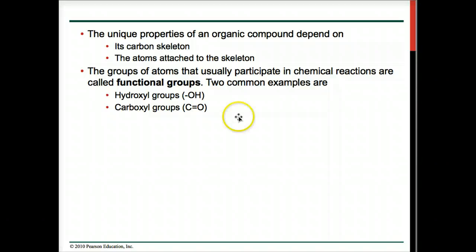The groups of atoms that usually participate in chemical reactions are called functional groups, and 2 common ones that we'll see today are the hydroxyl group, which is represented by the OH, and a carboxyl group, which is represented here by a carbon double bonded to an oxygen. And again, there's many other functional groups, but these are just the 2 that we're going to pay particular attention to when we talk about our macromolecules today.